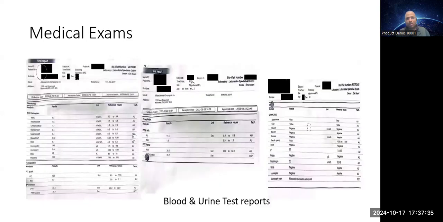Your medical exams. This is another place where you might need your APS. And the reason you need your APS is because when they do your blood and urine test reports, this often goes on your MIB, your Medical Information Bureau, and this information is shared by hospitals nationwide.